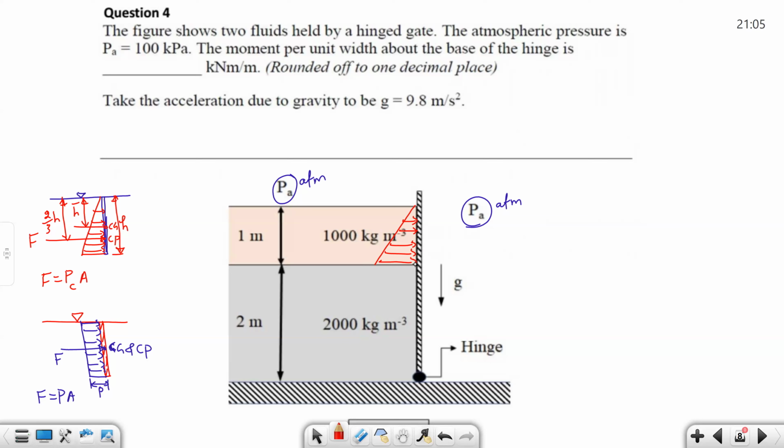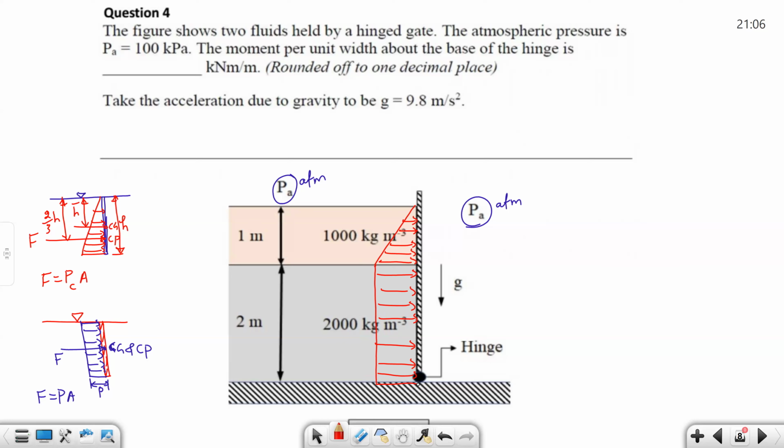So this is the pressure due to the top layer of the fluid acting on the second layer of the gate.